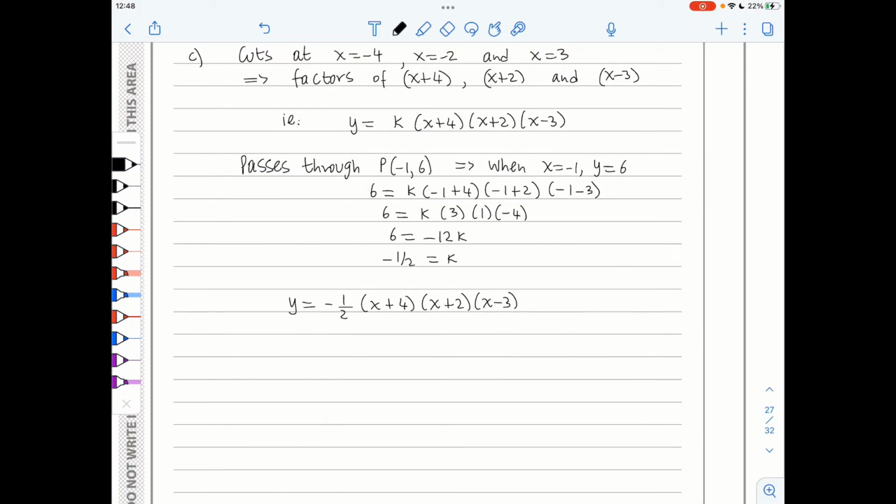We need to expand to identify the coefficients a, b, c, and d. So it's -1/2 times (x + 4)(x + 2), which is x squared plus 2x plus 4x plus 8, times (x - 3). So it's -1/2 (x squared plus 6x plus 8) times (x - 3).